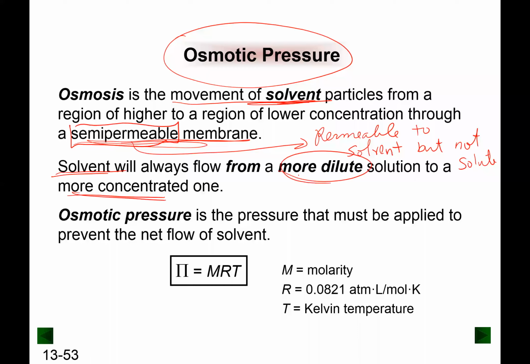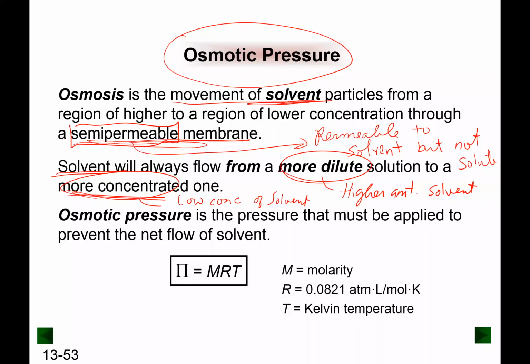And this makes sense if you think about it. A more dilute solution has a higher amount of solvent present per unit volume, and the more concentrated solution has a lower concentration of solvent.